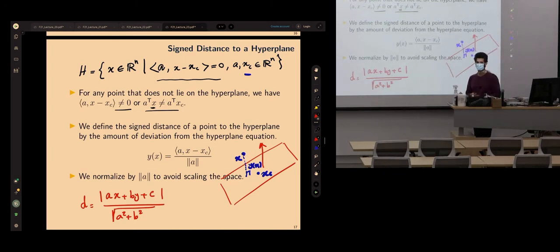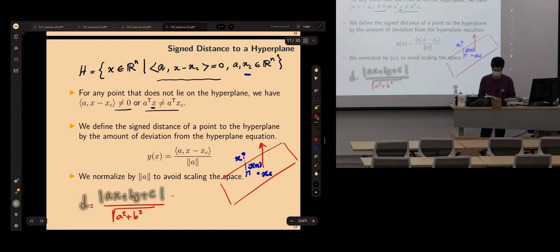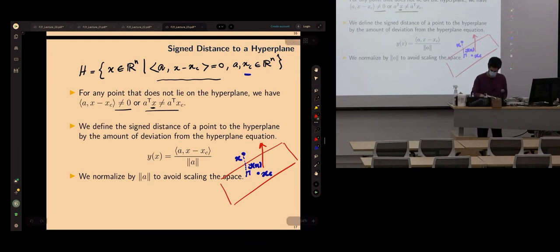Then we don't have to write down complicated equations like what I wrote. Again, there are many ways to derive this formula.